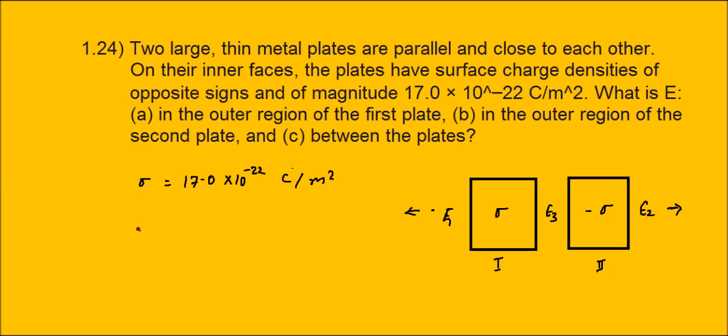We know that the electric field of a uniformly charged plate or sheet is sigma by 2 epsilon naught. So due to the first plate, the electric field E1 will be sigma by 2 epsilon naught, and due to the second plate, in the opposite direction, minus sigma by 2 epsilon naught.